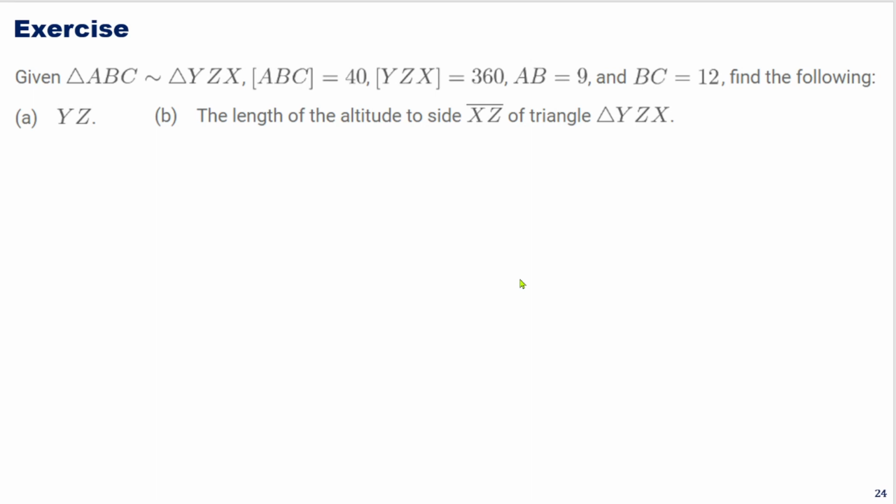Can you find each of the following? A. Length of YZ. B. The length of the altitude to side XZ of triangle YZX. Again, a diagram will help you to visualize the question.